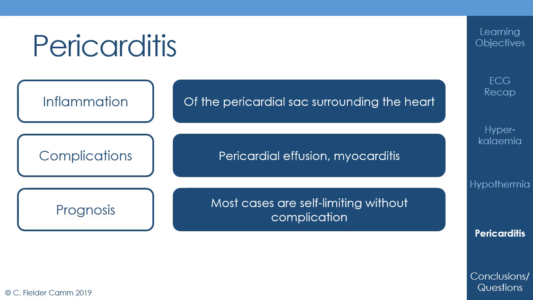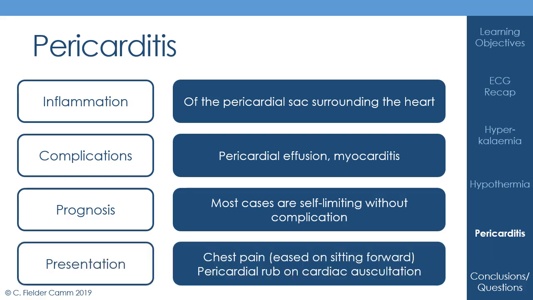And actually, with a little bit of treatment from some anti-inflammatory agents, it normally settles by itself. I think the development of myocarditis is certainly more concerning because that can have effects on arrhythmias or, in serious cases, lead to heart failure. And pericardial effusions can be worrying because if they get large or expand quickly, then they can compress the heart itself and lead to cardiac tamponade.